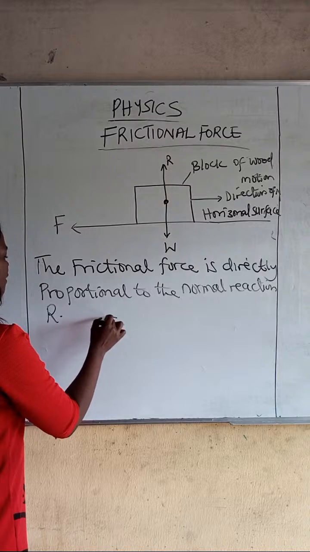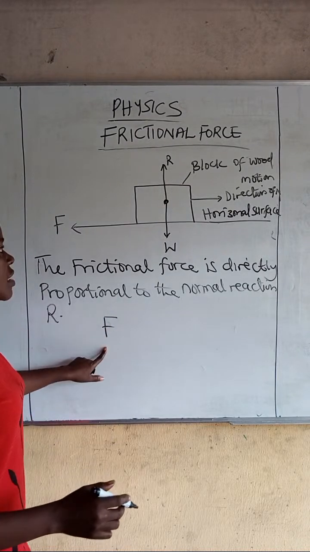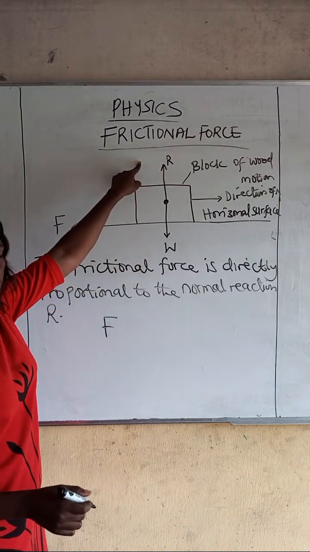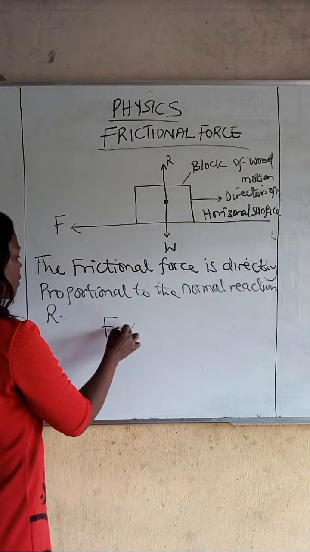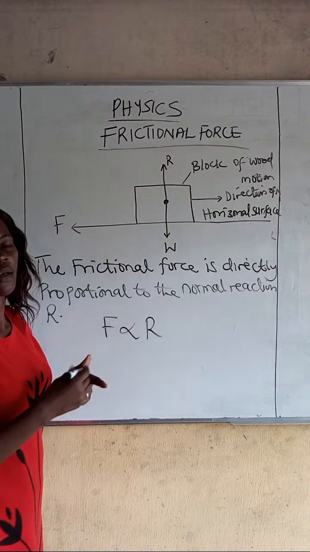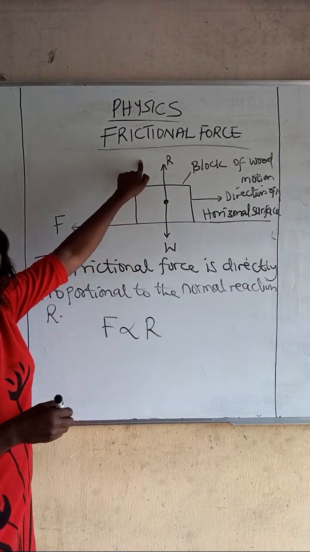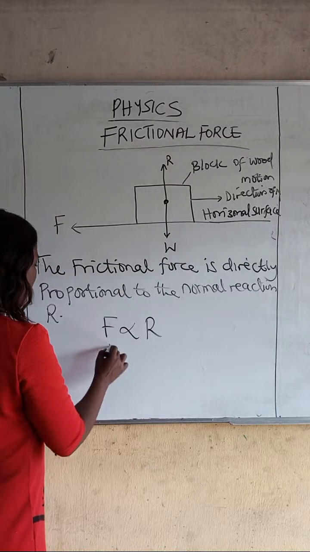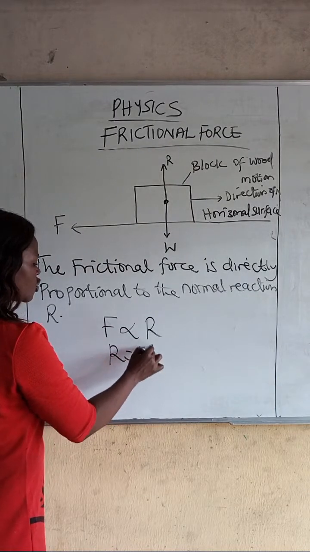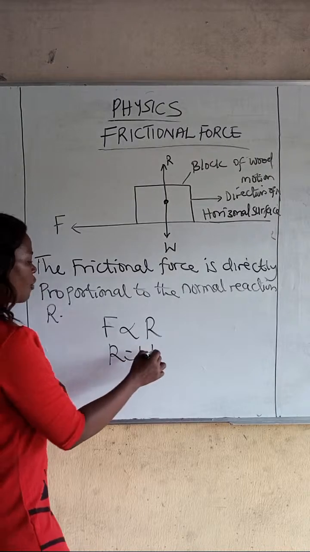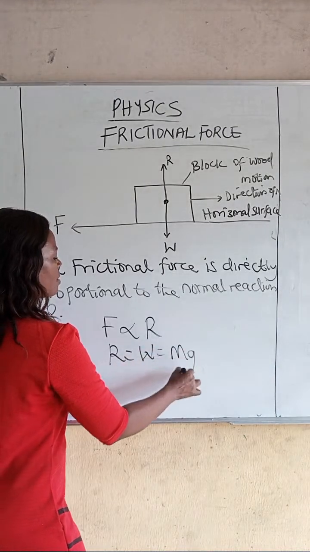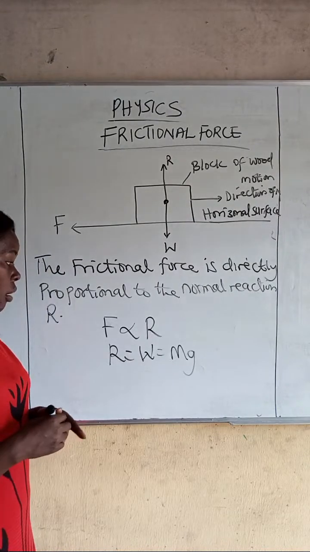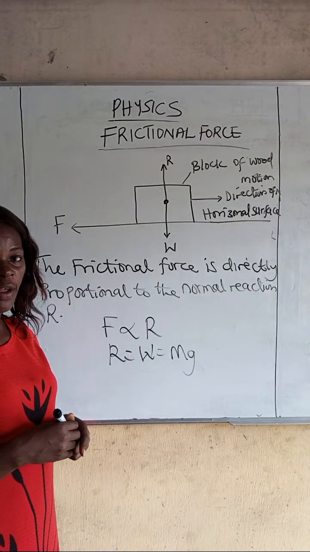I mean that this F, frictional force, is proportional to the normal reaction R. That is proportional to this. But the R, which is reaction, is also equal to the weight. I can say that reaction is equal to the weight. And weight is equal to mass times gravity, or mass times acceleration due to gravity.